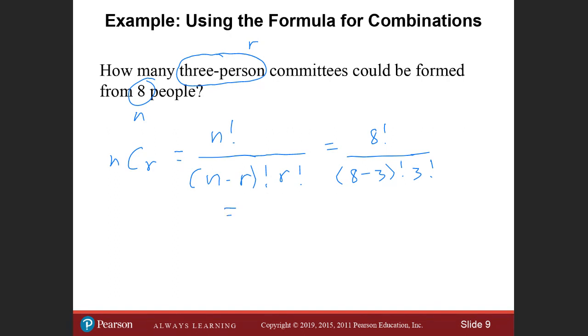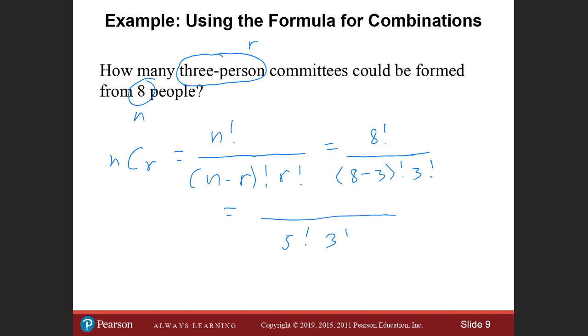Now simplifying, let's calculate first the bottom. The bottom you will have 5 factorial and 3 factorial. 8 minus 3 would be 5, so that would be a 5 factorial.